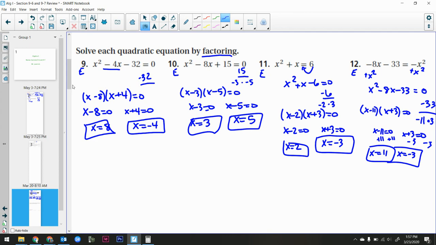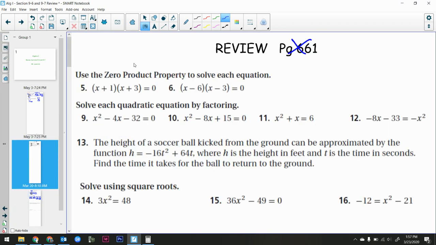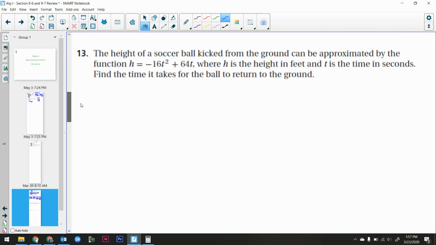Okay, let's take a look at the next section here. We got the number 13, the word problem. Again, with the word problems, you don't have to focus on them too hard, but just know that it may show up as a bonus. All right, so we've got the height of a soccer ball.